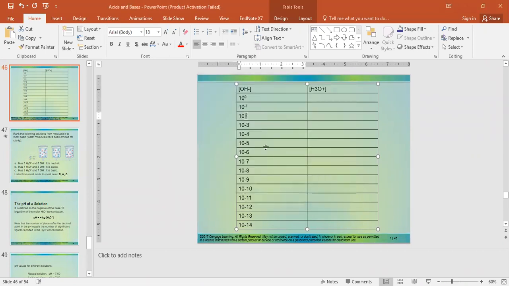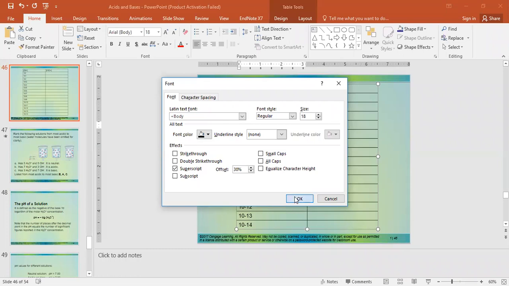I think there's no way of selecting all the powers, so I have to do one by one. But at least for the next column, I will not have to do this. I'll just copy and paste.